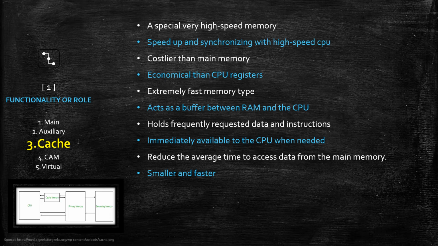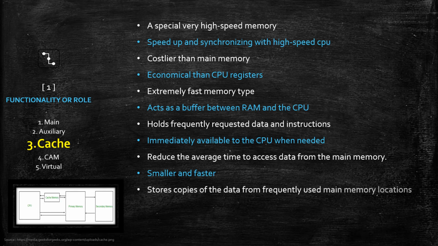So now I think you have an idea why it is faster. It is small, we can see that, but why is it faster? It is faster because it is very close to the CPU, and it normally stores copies of the frequently used data from the main memory locations. This we have already discussed.